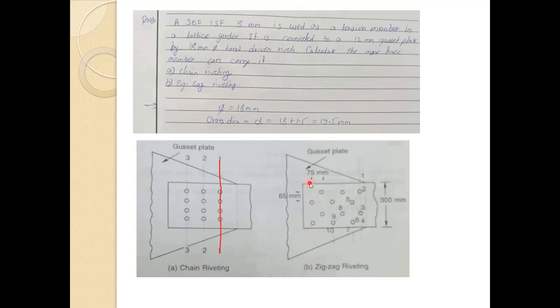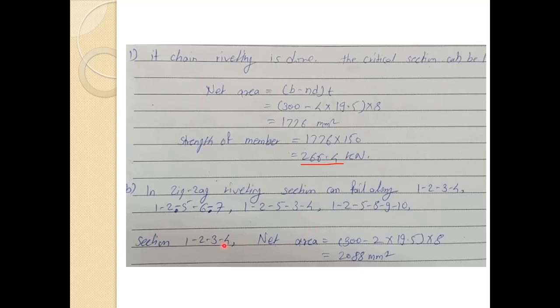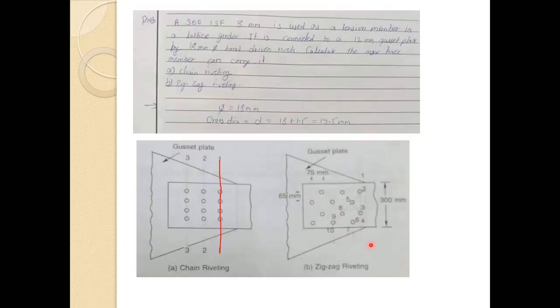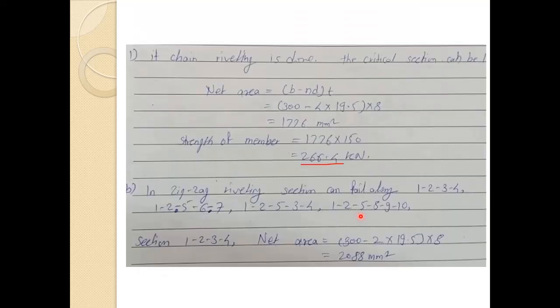For the section 1 2 3 4, the net area is straight, and it is cut by two rivet holes, so the reduction in area is by two rivet holes.